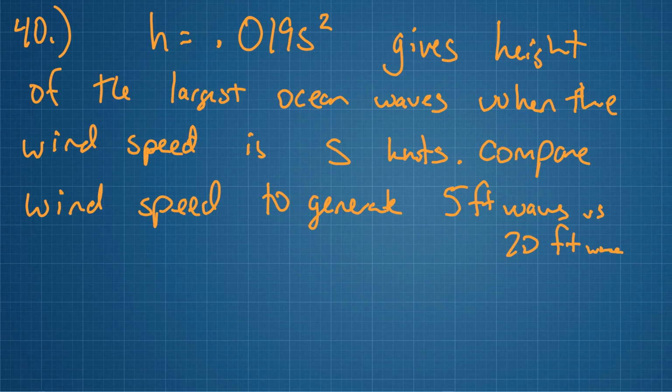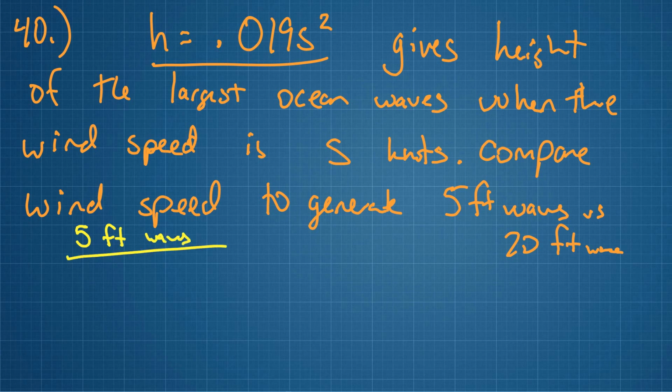All right, so they give you this equation, h equals 0.019 s squared. That's for the height, where h is the height of the wave, s is the speed of the wind, and they measure wind in knots. So they want to compare how much the difference in wind is for 5-foot waves.